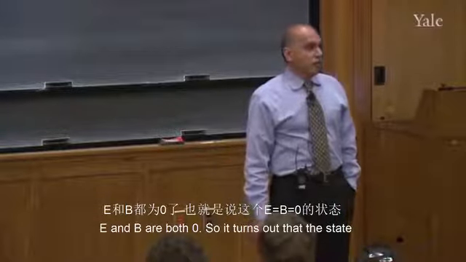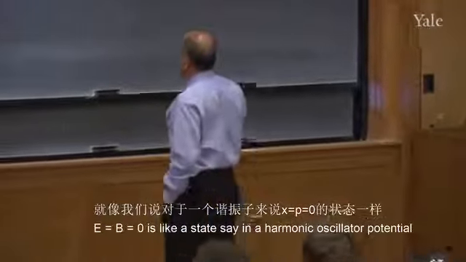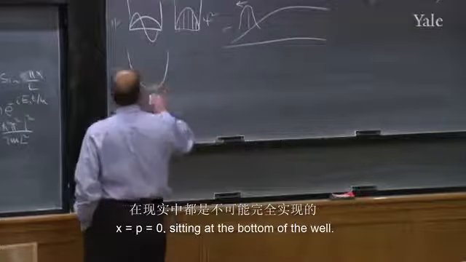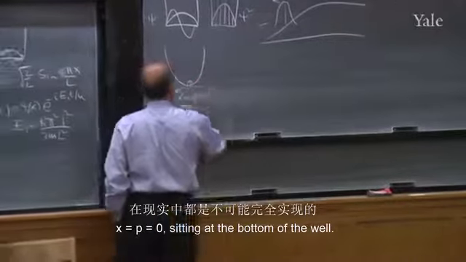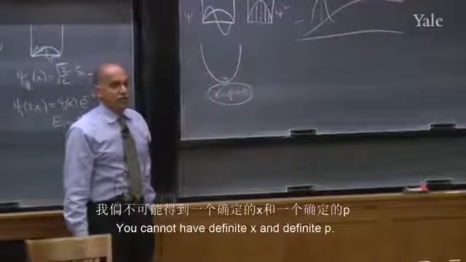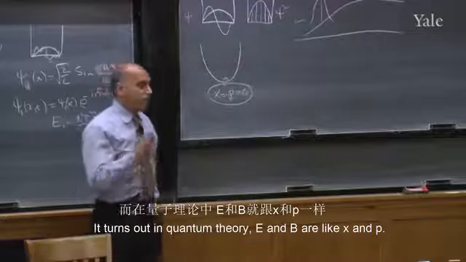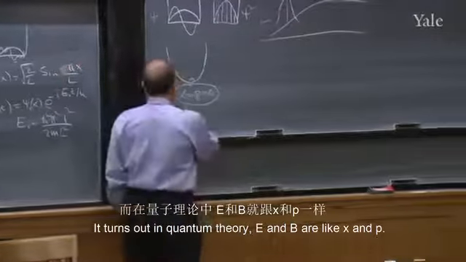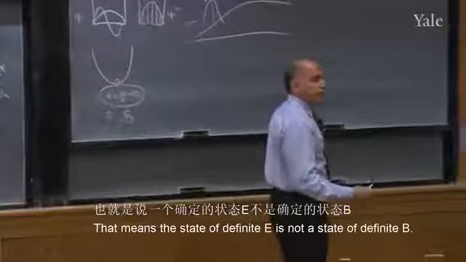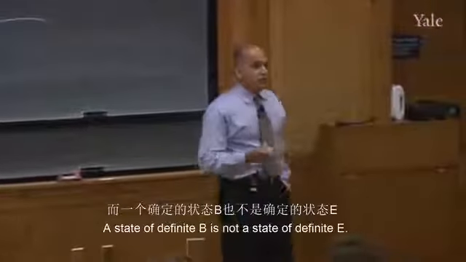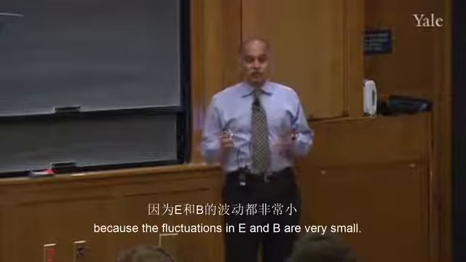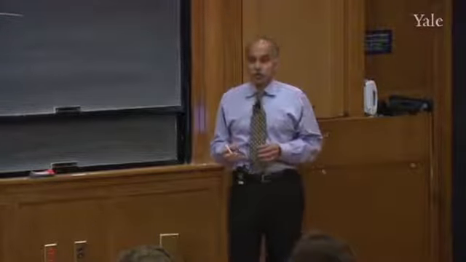So it turns out that the state E equal to B equal to 0 is like a state, say, in a harmonic oscillator potential, X equal to P equal to 0, sitting at the bottom of the well. We know that's not allowed in quantum mechanics. You cannot have definite X and definite P. It turns out, in quantum theory, E and B are like X and P. That means a state of definite E is not a state of definite B. A state of definite B is not a state of definite E. It looks that way in the macroscopic world because the fluctuations in E and B are very small.